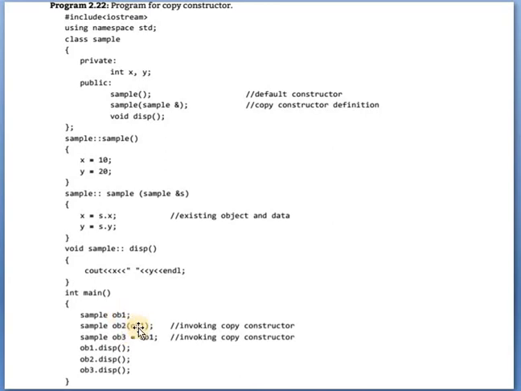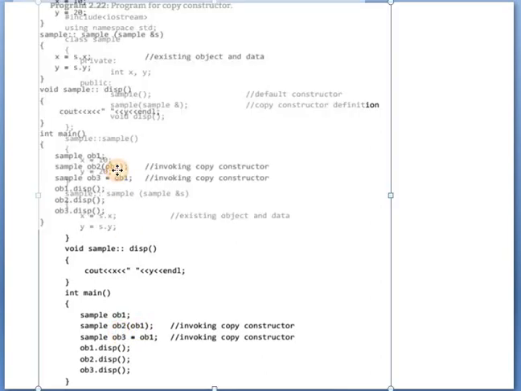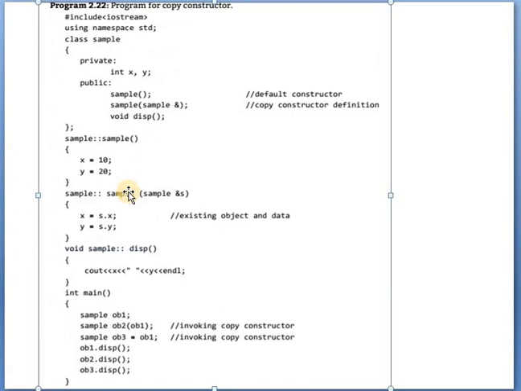The value of object 1 is assigned to object 2. Now what is the value of object 1? x equal to 10 and y equal to 20. Now this is copied into object 2 also. The third one is also invoking the copy constructor by using another method, that is sample object 3 equal to object 1. Now also the values of the parameters of object 1, x and y, are copied into object 3.